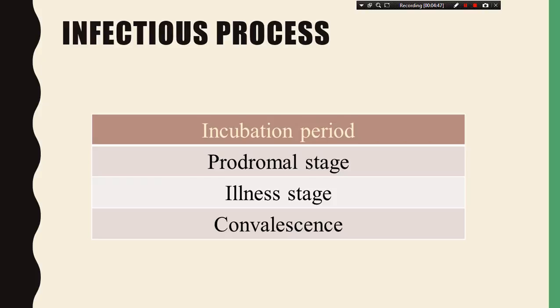Microorganisms grow and are capable of spreading disease to others. So this is where the patient may be contagious or might be more contagious. The illness stage has the most specific symptoms, and convalescence is when the acute symptoms of the disease have resolved. It may take a while for the patient to recover.